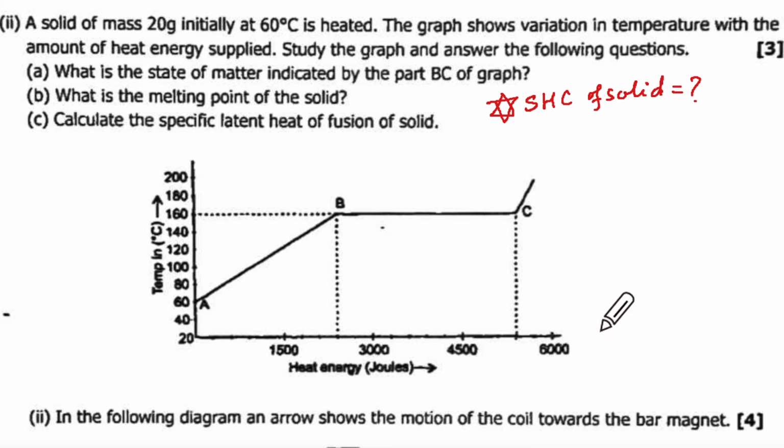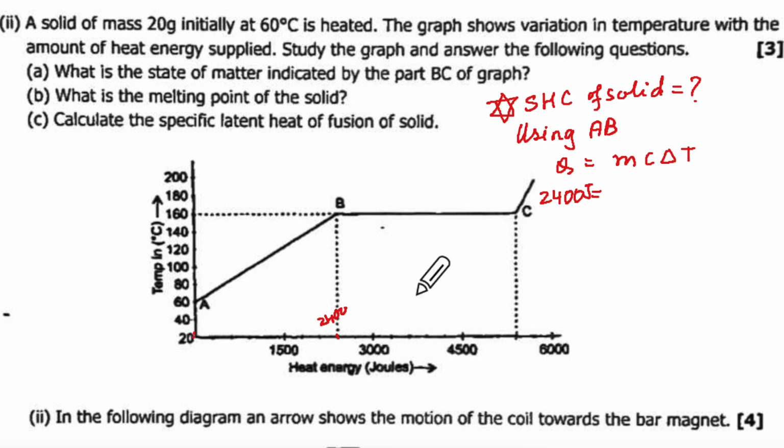MC delta T. So you will say, using AB, Q is equal to MC delta T. How much is Q from here to here? This was 2400, right?